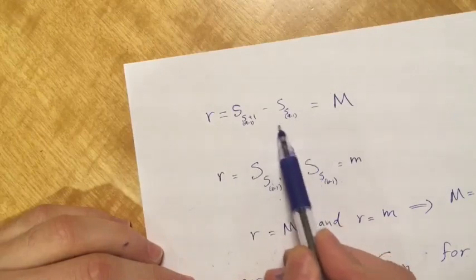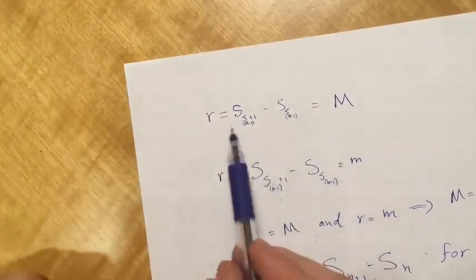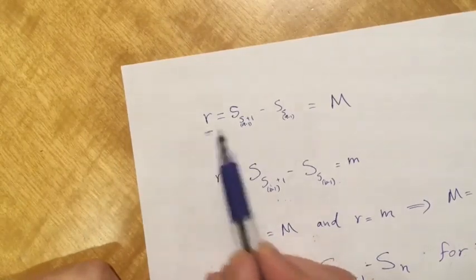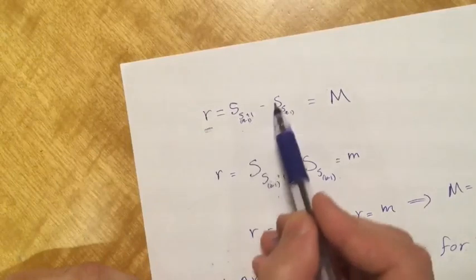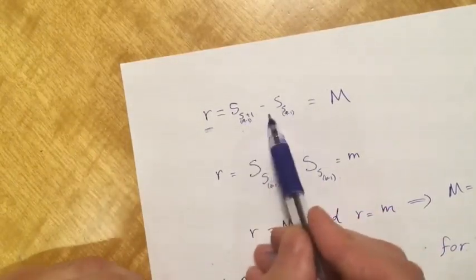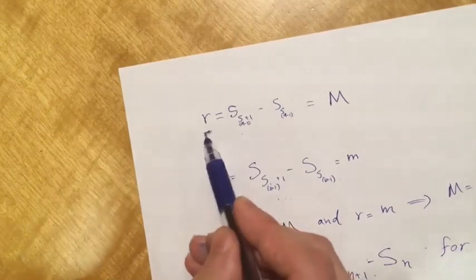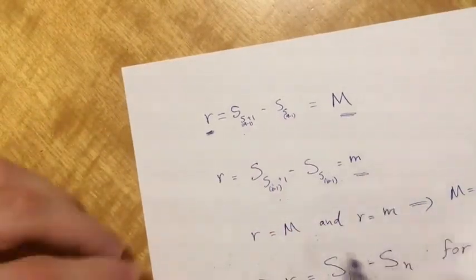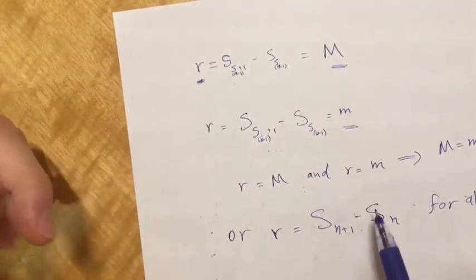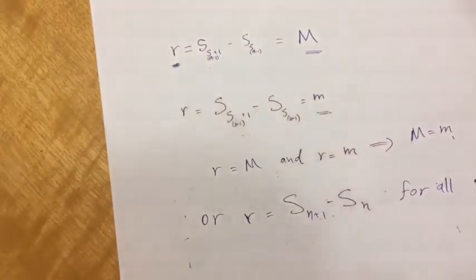But we know that these two terms are equal, because earlier we said this arithmetic progression is just a shift of that arithmetic progression, and the amount of shift you need is small r. So small r in one case equals capital M, in the other case equals small m, but r doesn't change. So capital M has to be equal to small m.